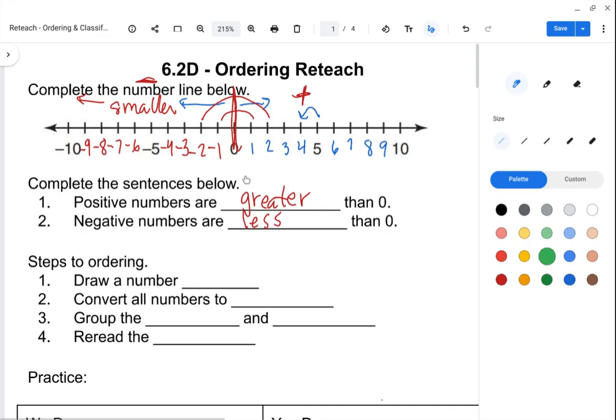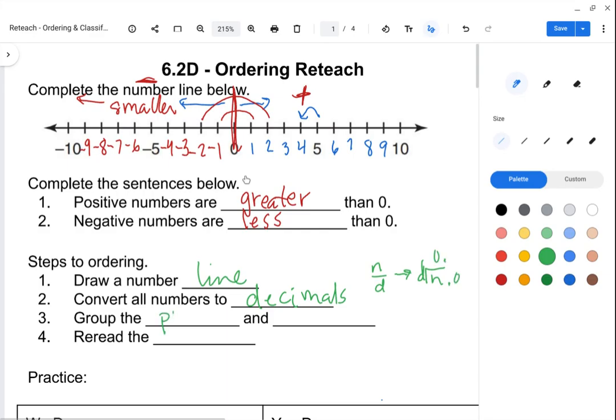So the steps to ordering: draw a number line. Convert all the numbers to decimals. Remember to turn a fraction into a decimal, you do numerator divided by denominator and add the decimal.